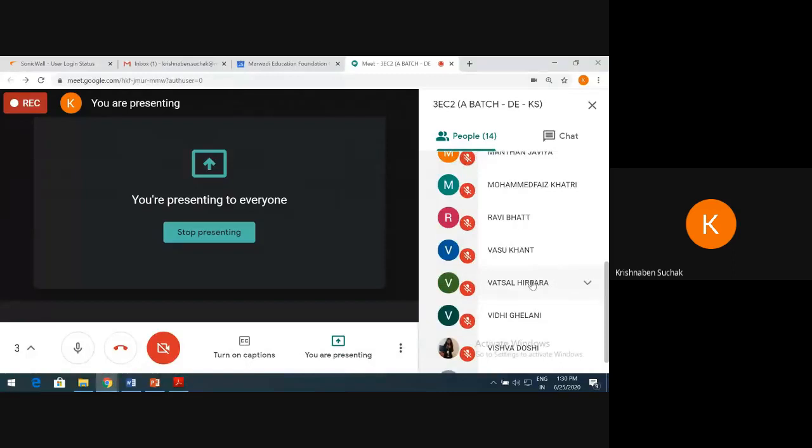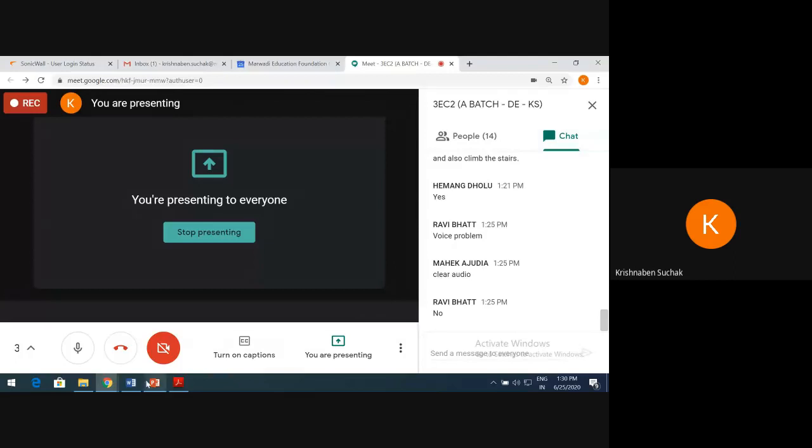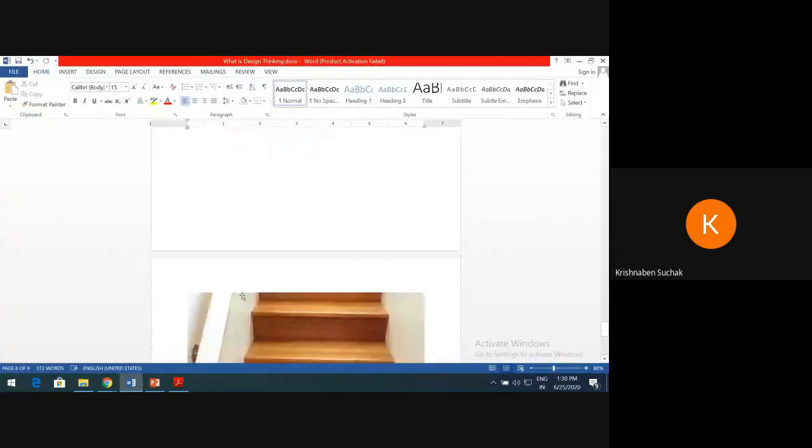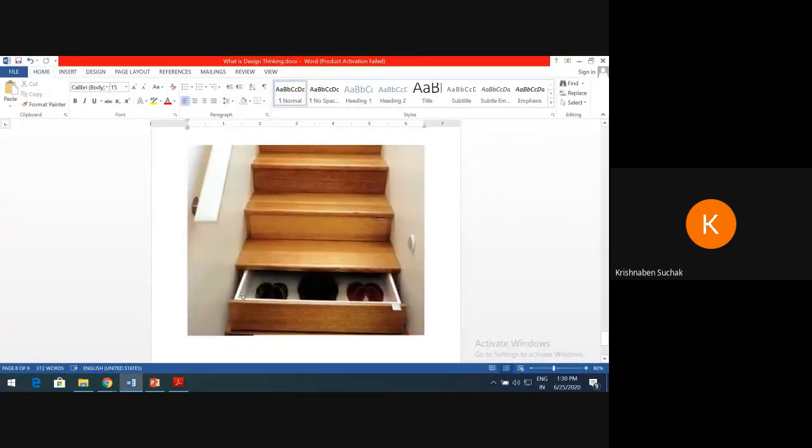Vasu, Vatsal, where are you people? Yes, ma'am, in chat. Can you explain another picture? What is this picture going to use the space for?